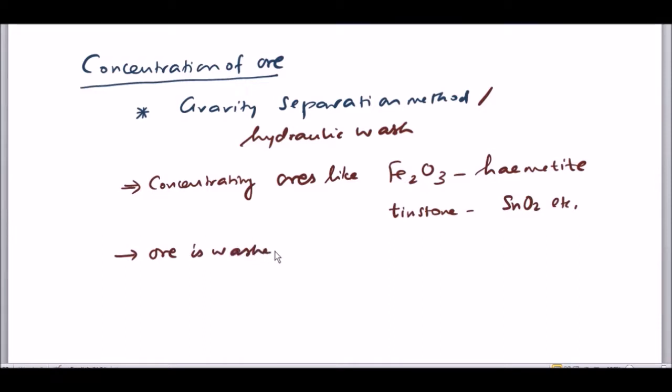washed with a stream of running water. So while washing the ore with a stream of running water, the lighter impurities are washed out. What are called lighter impurities?